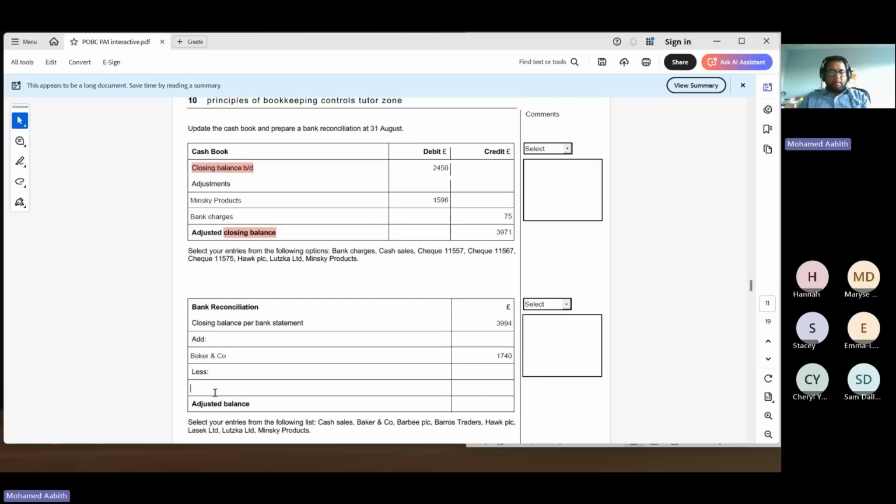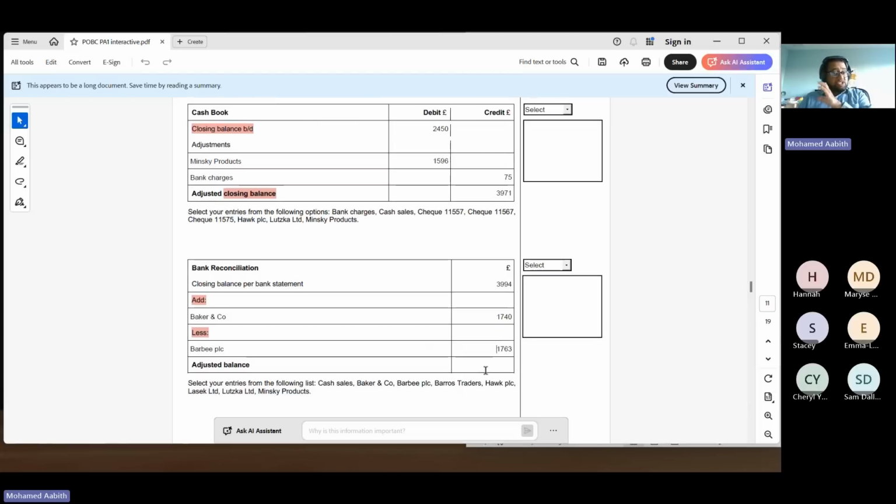So here I'm going to paste 1763. I don't put negative numbers here. The reason why, it already shows it is less. That means I need to take it away. So this one is going to be add, and this one's going to be taken away. So please do not use a negative number here, because this is not what they mean.